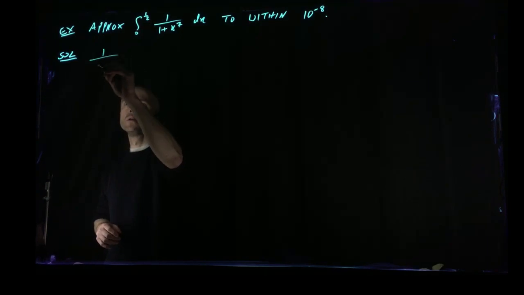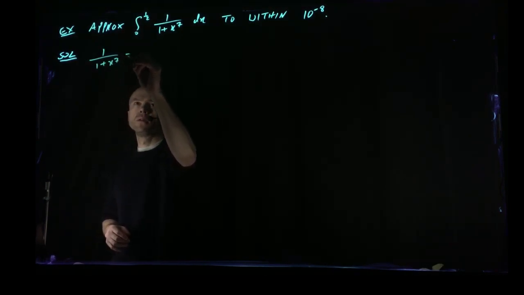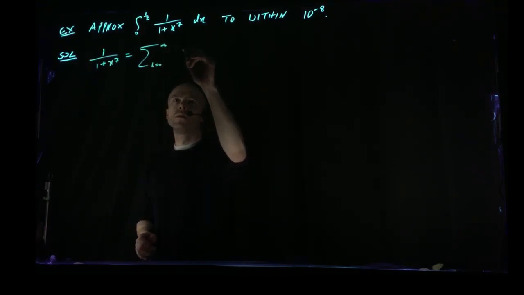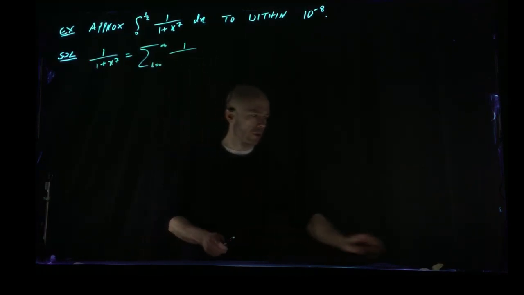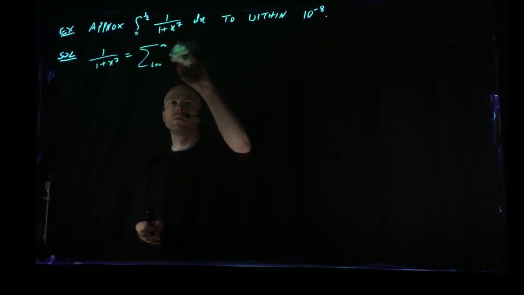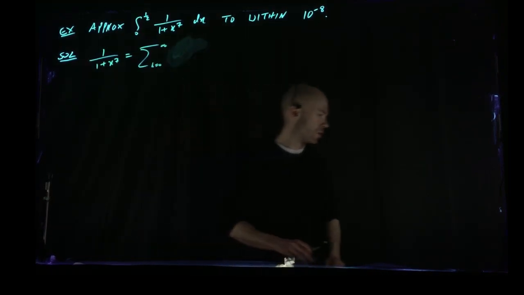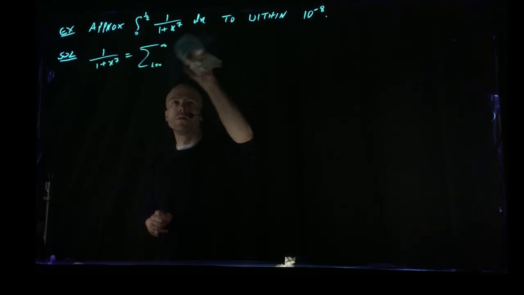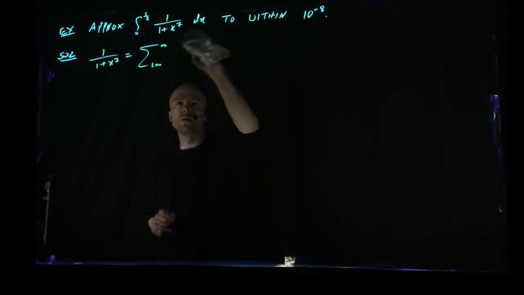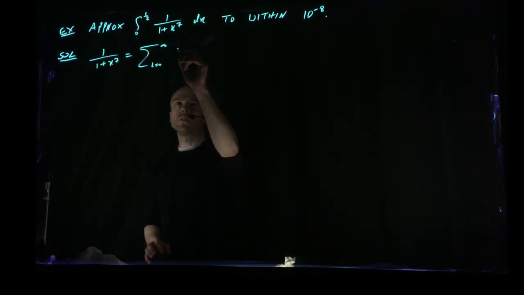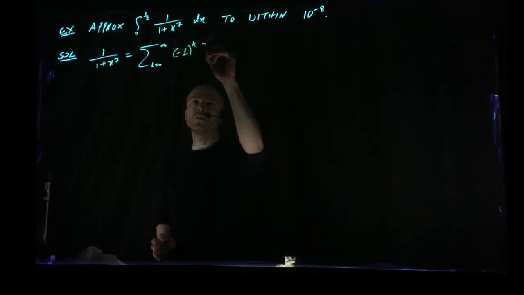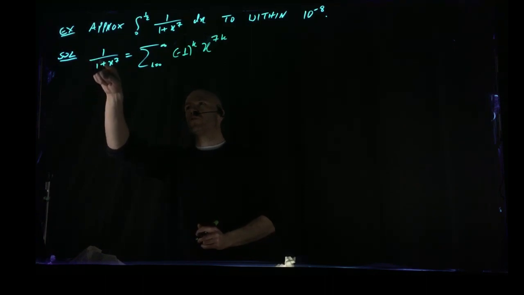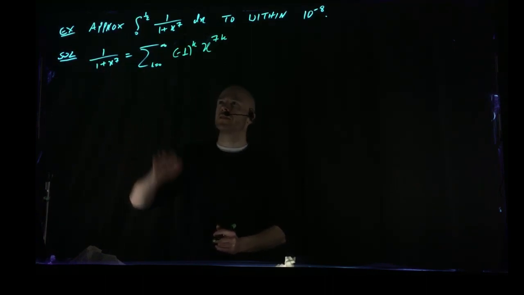So we're going to write this as the sum of minus 1 to the k, x to the 7k, just letting this be written as 1 minus x to the power 7.